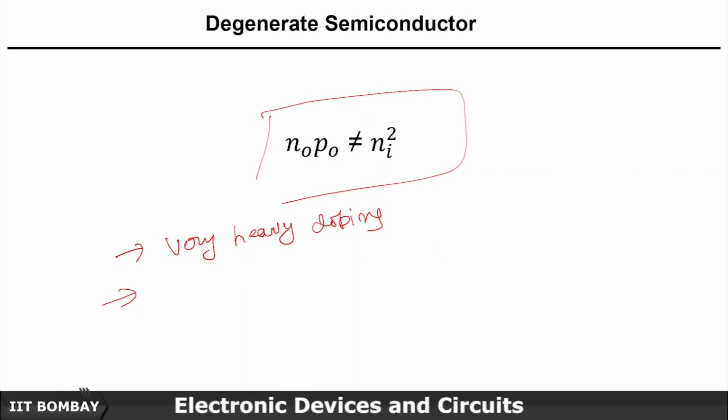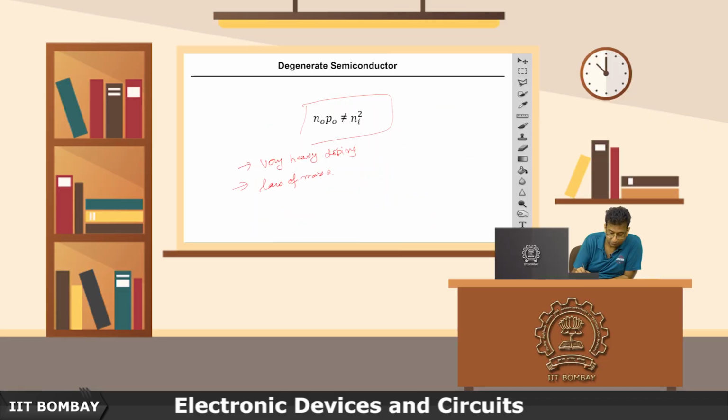It is so high that there are so many free electrons and free holes. In such a situation, these semiconductors are known as degenerate semiconductors, and the law of mass action doesn't hold.